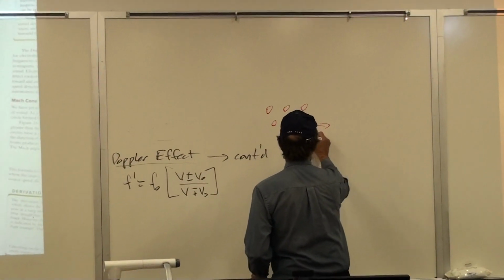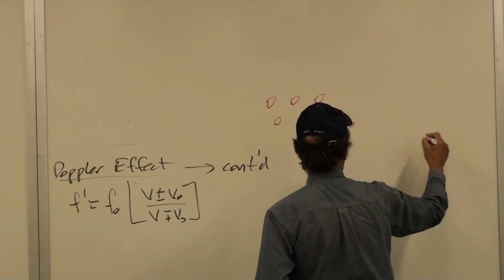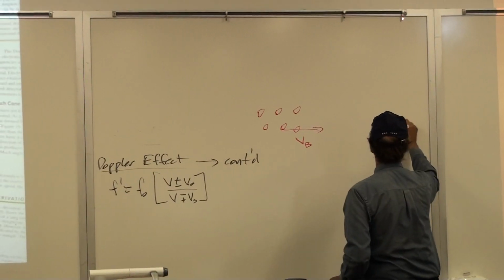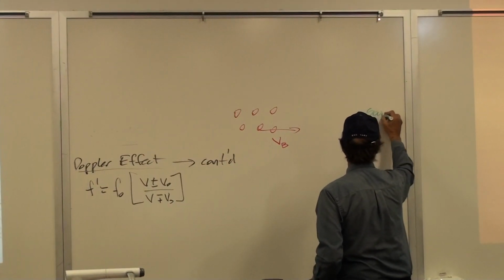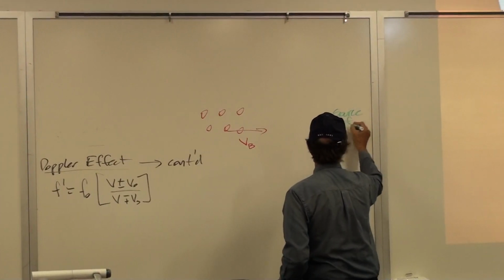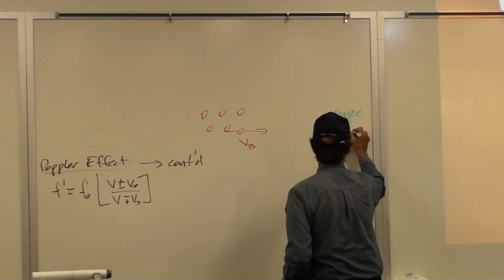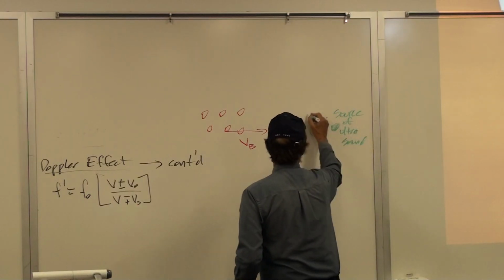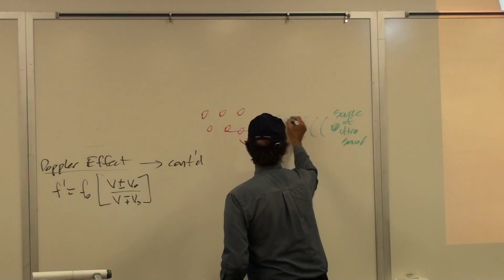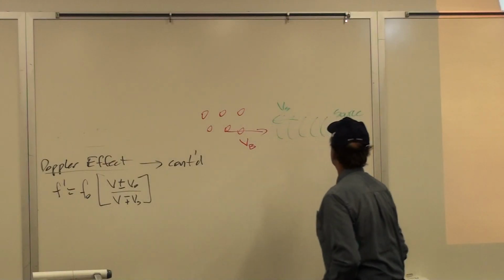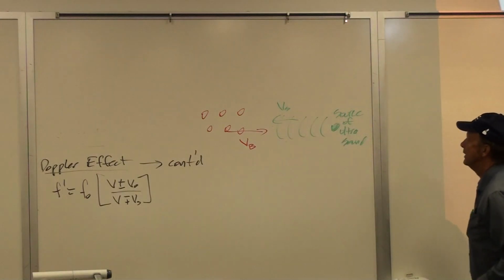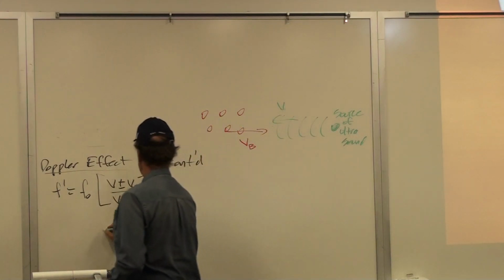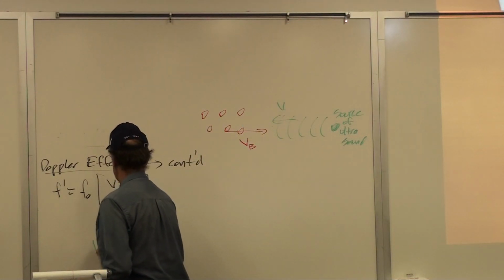So we'll call this the velocity of the blood. And then we have a source here of sound, ultrasound, which produces waves that have the velocity of sound. I'll just call that V here, where V is what I was calling before the velocity of sound.